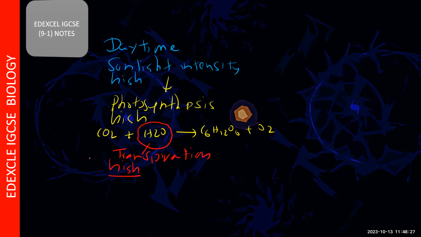Okay, now the factors affecting transpiration we can list here. What is transpiration? Transpiration is the movement of water molecules as water vapor from the leaves through the stomata to the atmosphere. So that's transpiration. So transpiration is the removal or escape of water vapor.